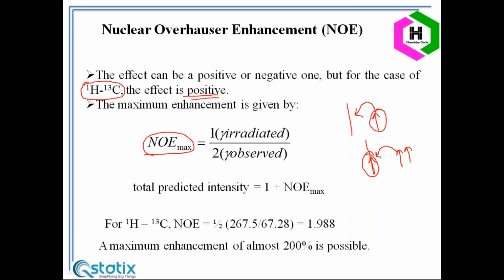You can calculate it using the first, irradiated, and the second, observed. So irradiated by observed, you can see how much it is going to increase.